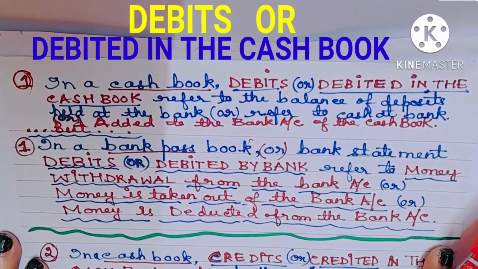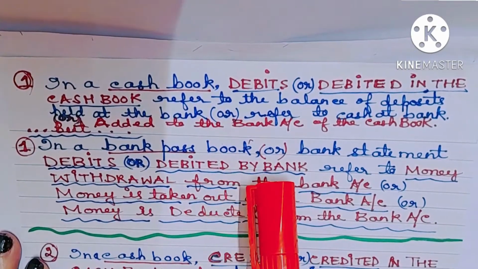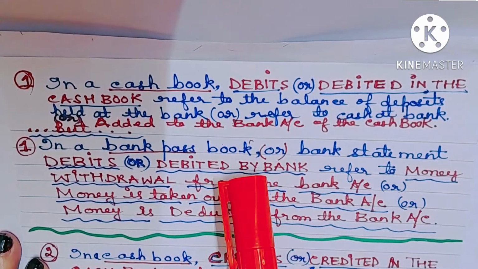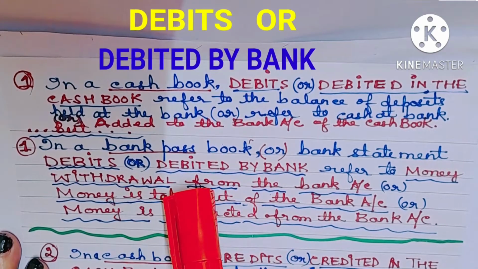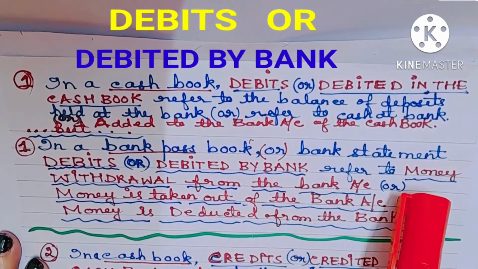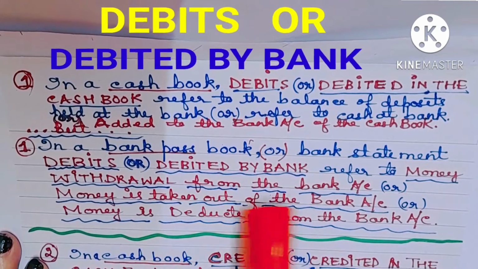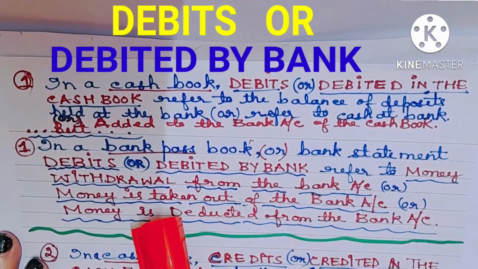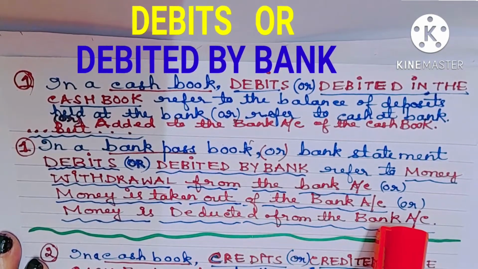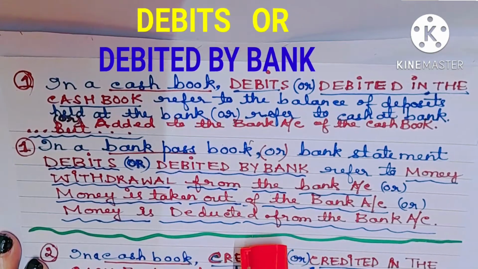But whereas in a bank passbook or bank statement, debits or debited by bank refer to money withdrawn from the bank account, or money taken out of or deducted from the bank account.